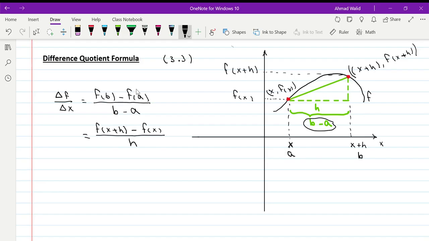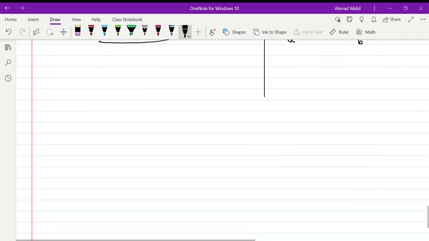It means if in this part of section 3.3, they give me a function f and ask me to find the difference quotient of that function, I can immediately use this formula to find it. Correct? The proof was really easy. In calculus, we will do it a little bit differently, but still the formula is the same.